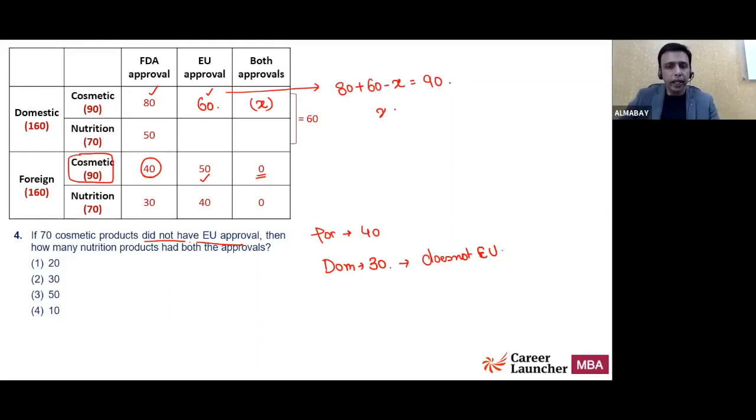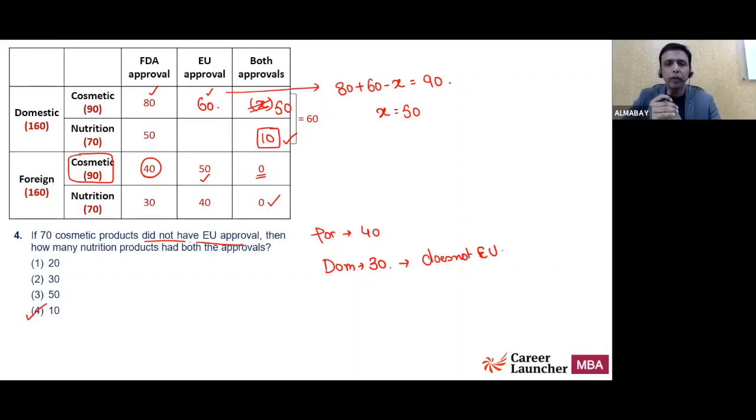It would have given me X as 140 minus 90, that is 50. So this would be 50. If this is 50, this has to be 10. So the number of nutrition product that had both the approvals had to have 10 because this has to have 0. So the right option would have been option number 4.